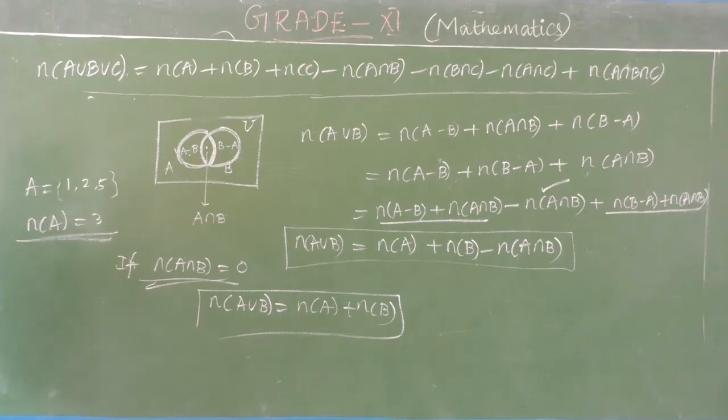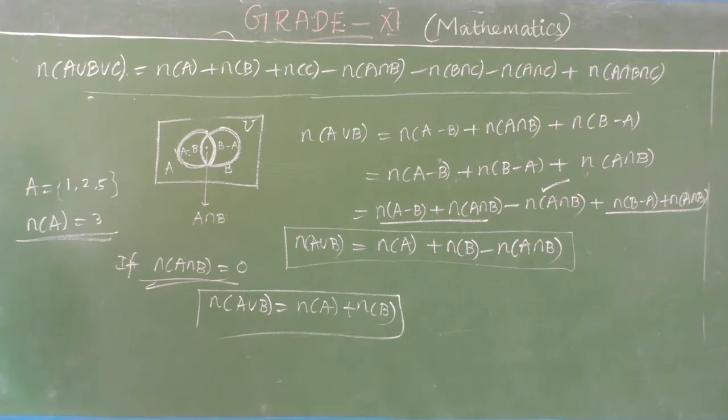This formula we can learn using the knowledge gained in the previous exercise on subsets. Do you know subsets? How to find the subsets? First we collect the single elements, then the double elements, then triple elements like that. So here the single elements are n of a plus n of b plus n of c, then subtract the double elements, where only intersection has to be used.